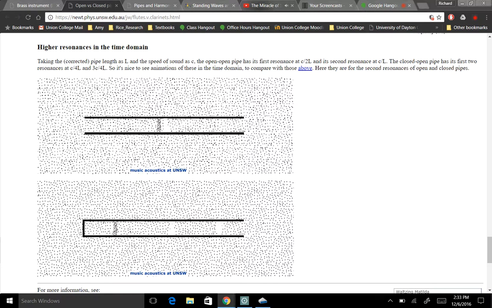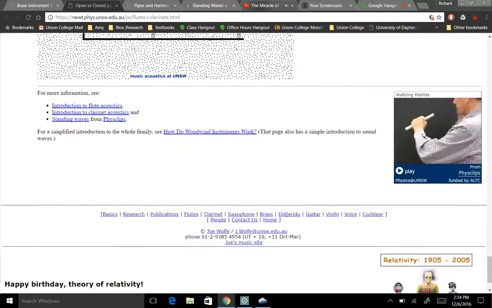The bottom one is for the clarinet, and you notice it doesn't have 2, it has 3. Why doesn't it have 2? Because it's closed, it doesn't have an n equals 2 option. It has n equals 1, n equals 3. So that's the next overtone. So this is the n equals 3 case.